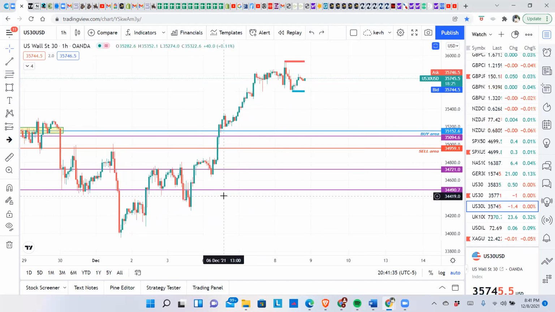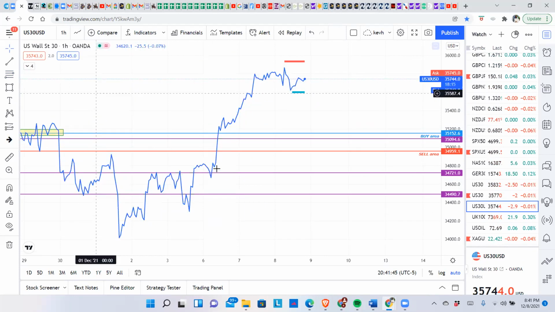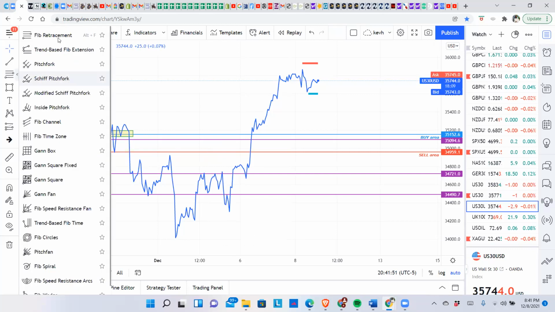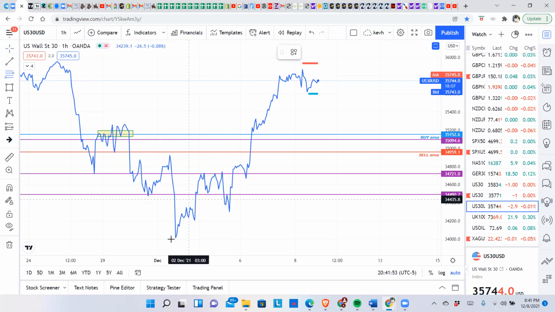When you are using your fib tool, when you're using Fibonacci and you are buying, if the market is going up, I'm going to use my line chart to draw it here. You want to click on your fib retracement tool, come down here, and place it at the bottom, because the market is going up.